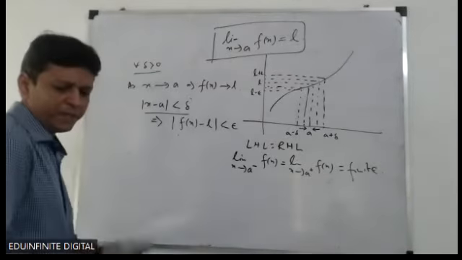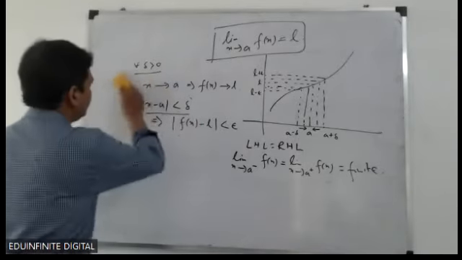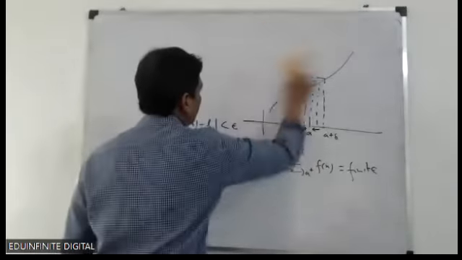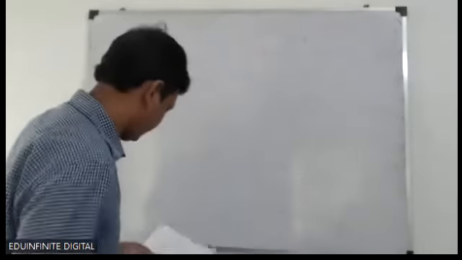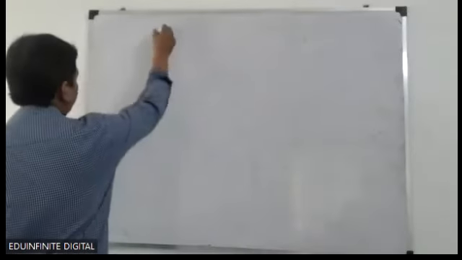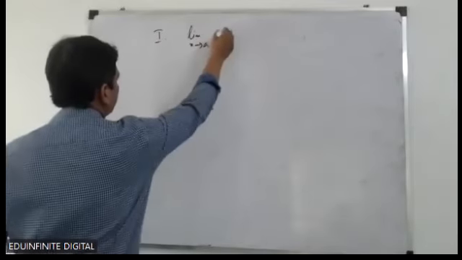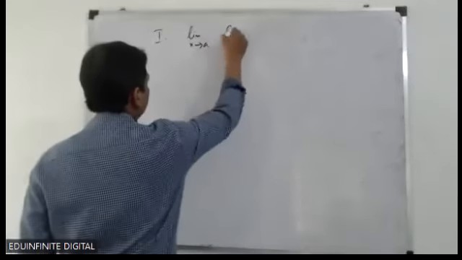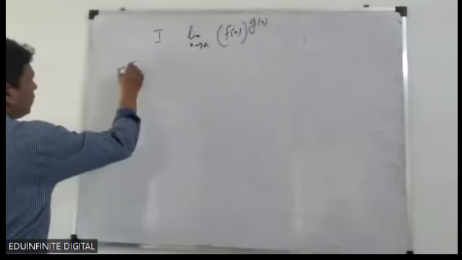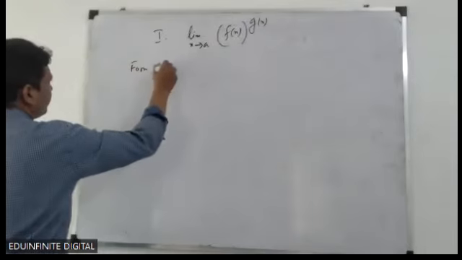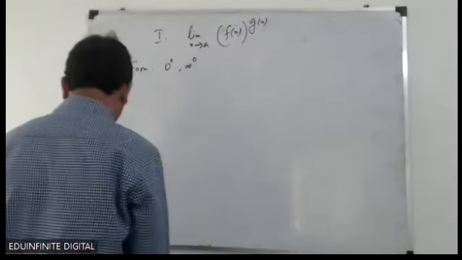Now there are some forms of the limit. I will discuss some forms and some problems with examples. Suppose the first form is f(x) to the power g(x), this type of form: zero to the power 0 or infinity to the power 0.